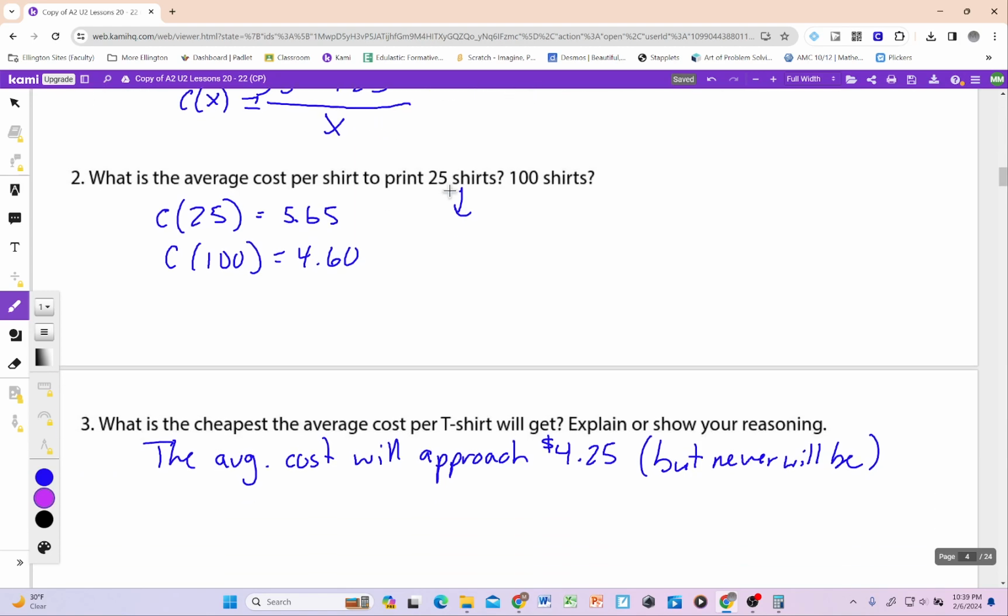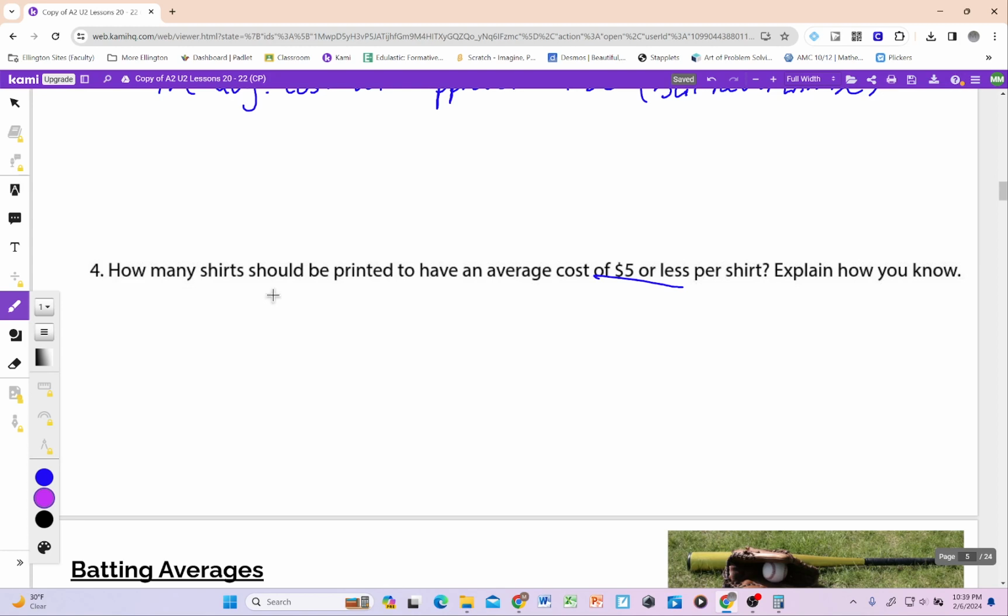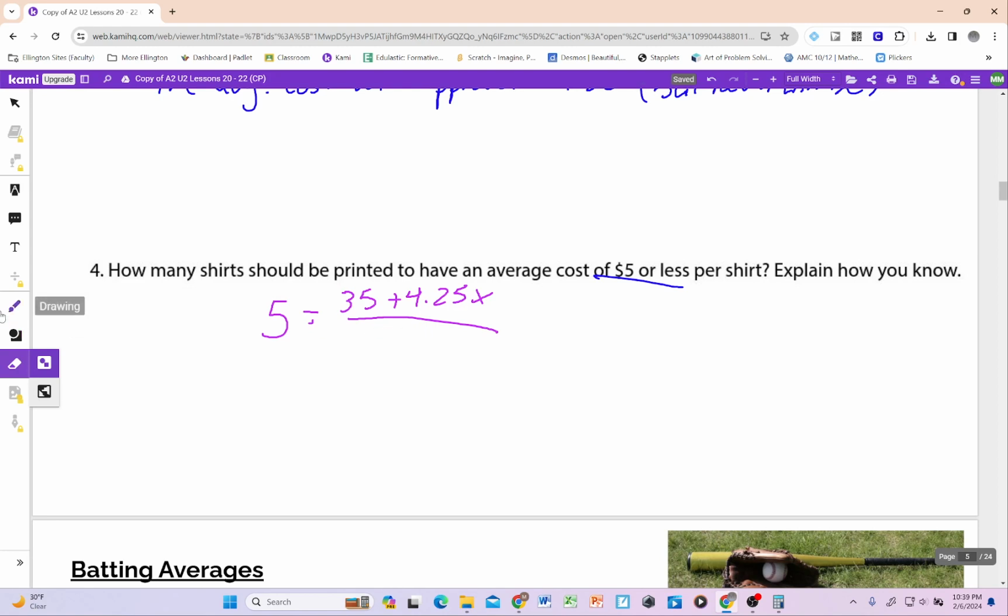That means I can take 5 and plug that in for C of x, but then the rest of the function, I can write it out as I had it before, like this. That's kind of a silly looking x. Well, let's do it a little better. Okay, so 5 equals 35 plus 4.25x divided by x.